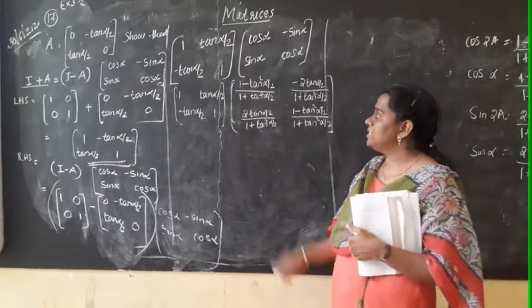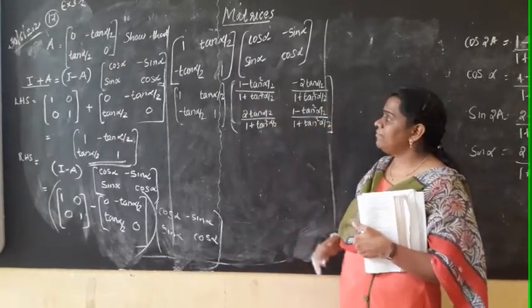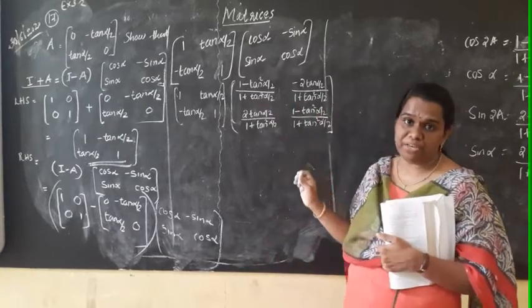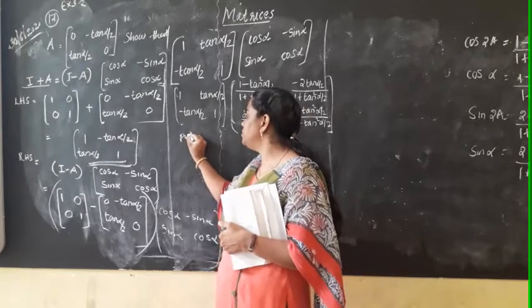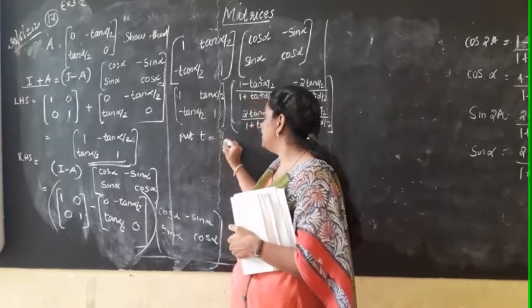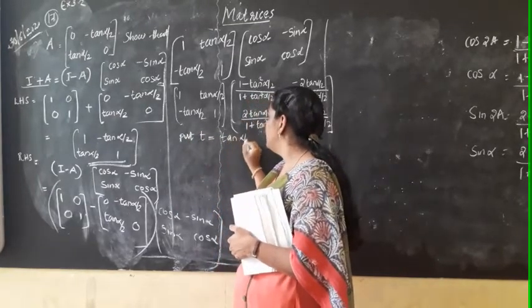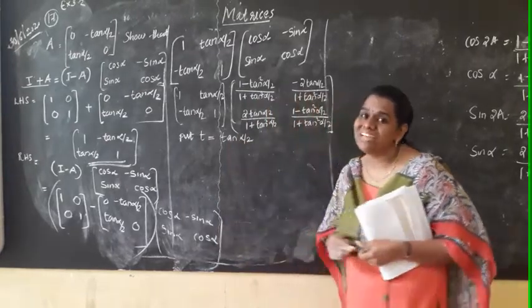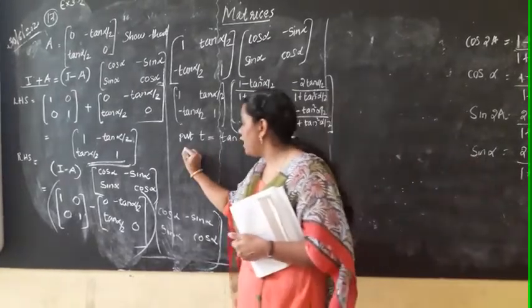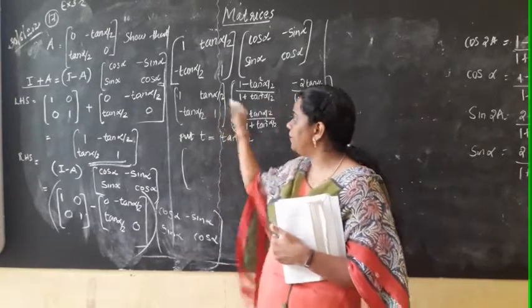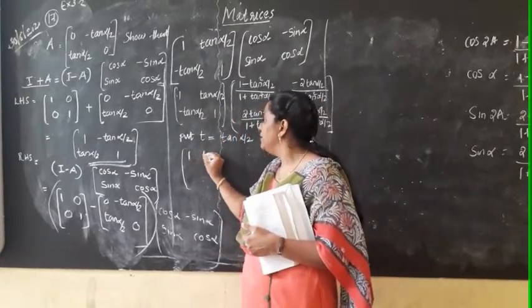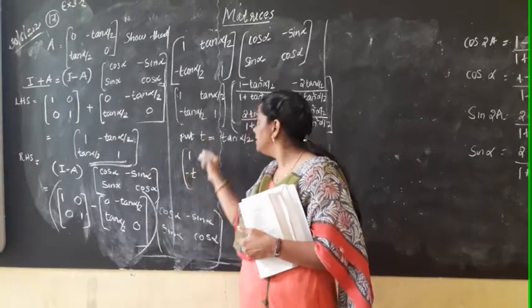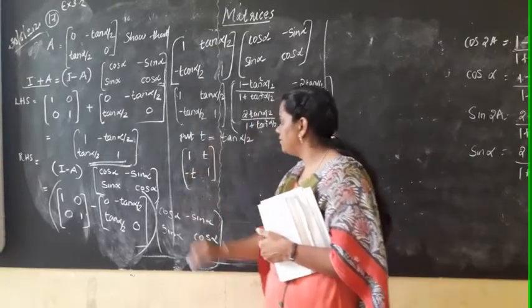Now see, here we have tan alpha by 2 everywhere. So in order to write it easily, we can give a substitution. Put t is equal to tan alpha by 2. Tan alpha by 2 is t. So 1, then tan alpha by 2, t. Then this is minus t. Here it is 1. Okay?